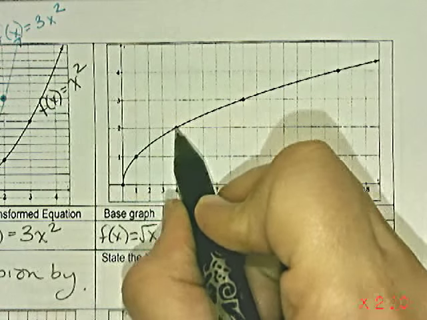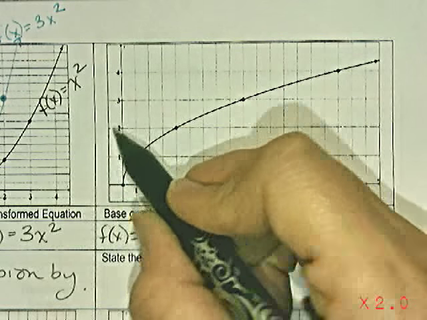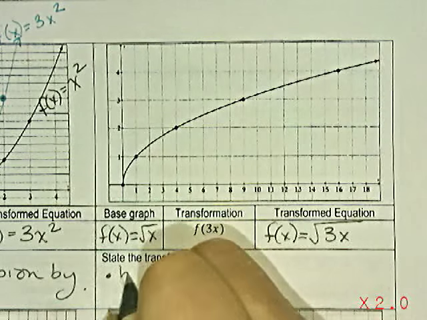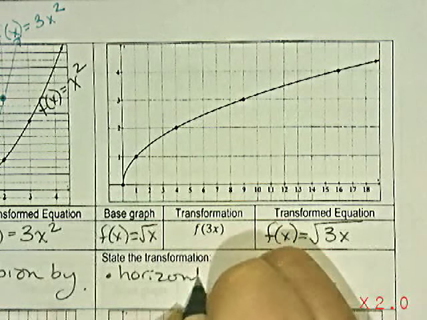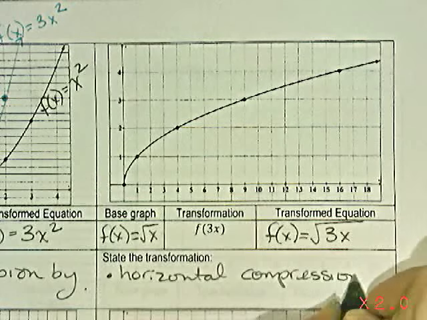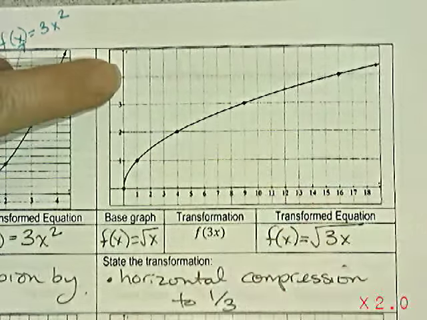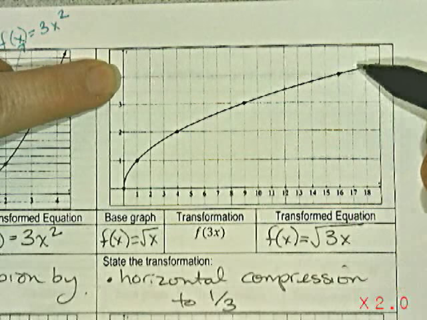So instead of getting 3 times bigger, which you would expect with a 3, it gets 3 times smaller. So we get a horizontal compression to a third of what it was, because my horizontal distances get divided by that 3.